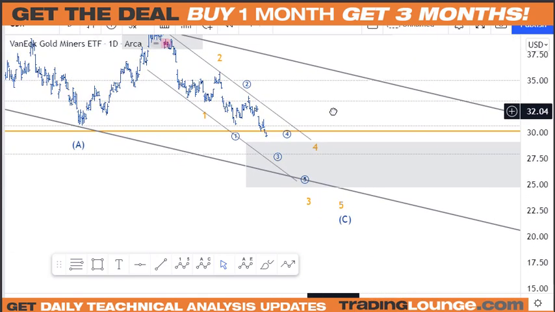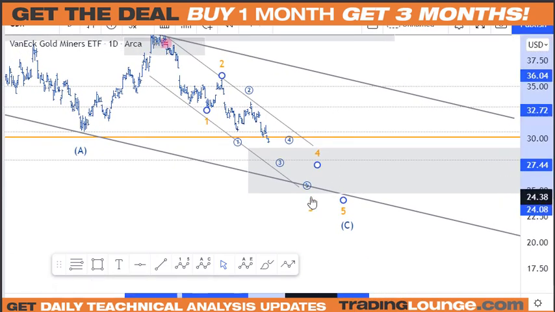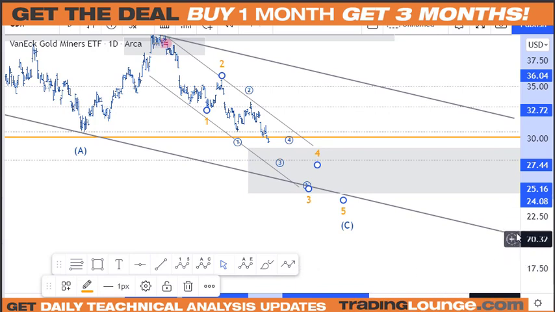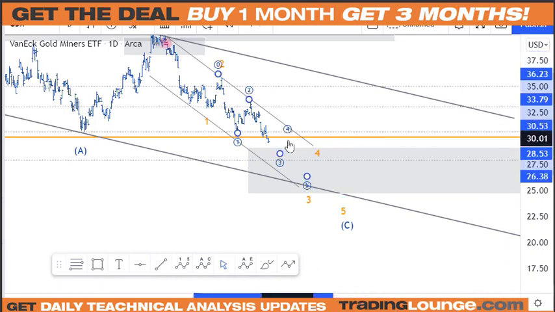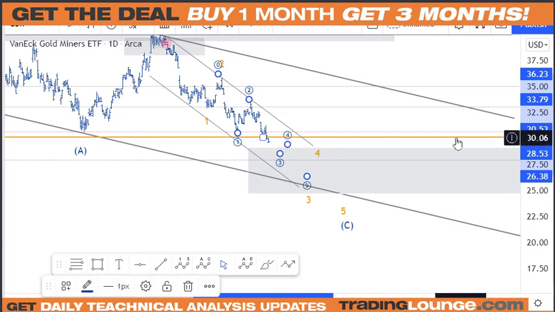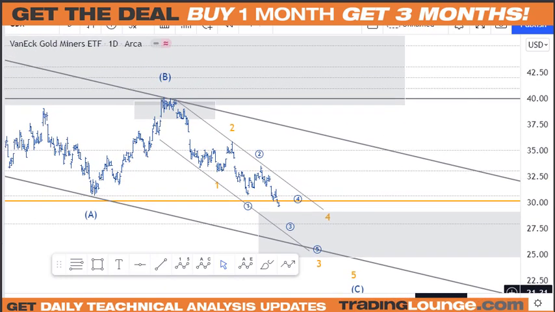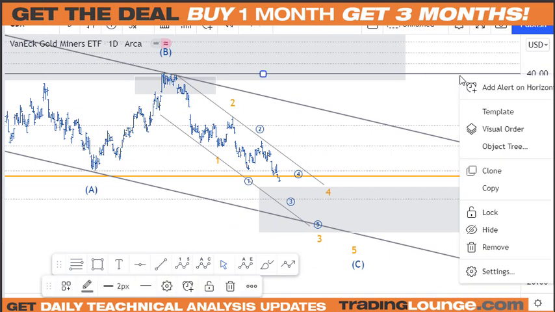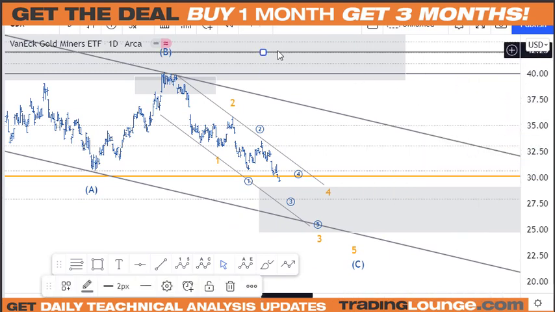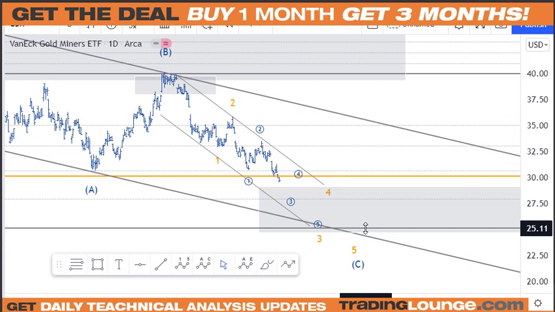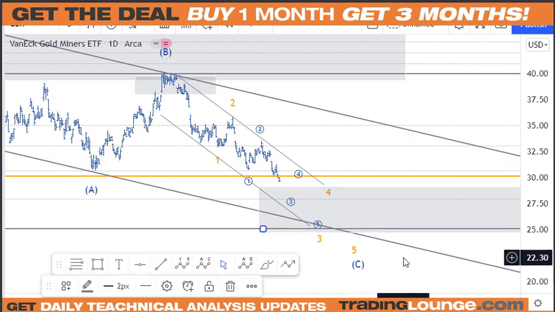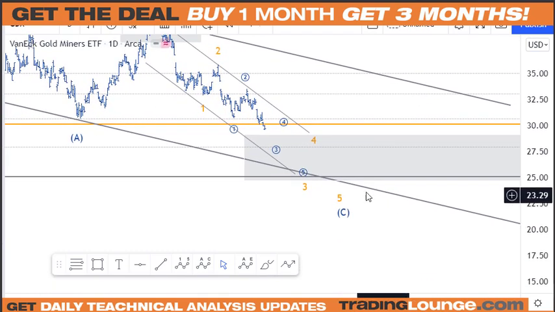Yeah, so you can kind of see where we're at here. So I mean, we're going to be vibrating at the $30 mark there for a little while, and then that's the medium level here, 40. So I'll just clone that and drop that down to 25. That's the next medium level. So GDX, $25.